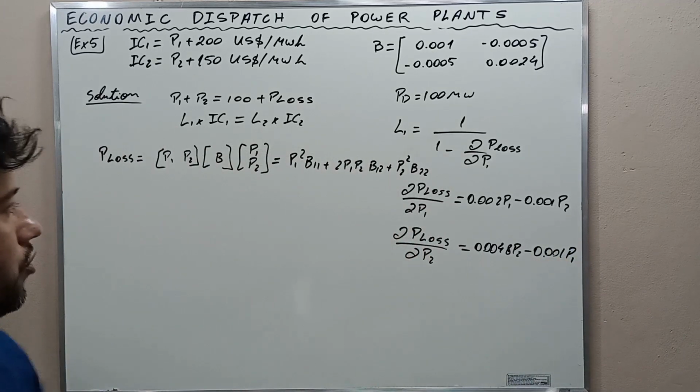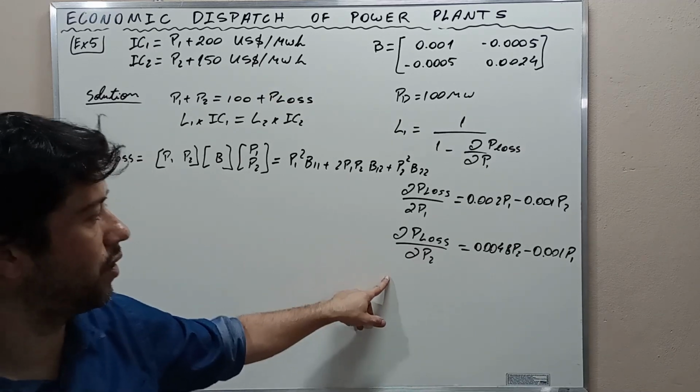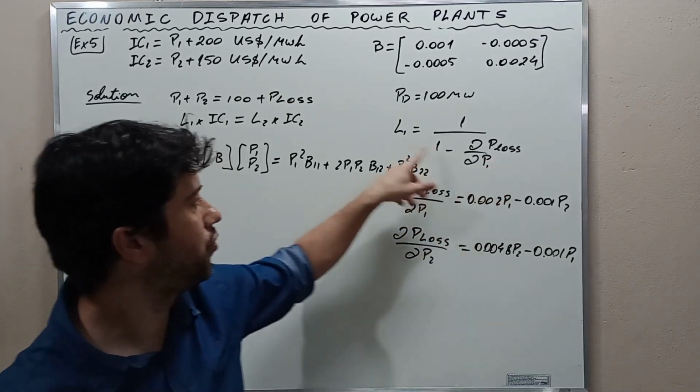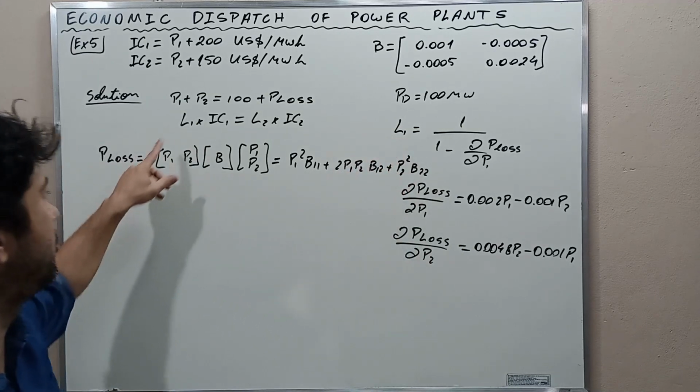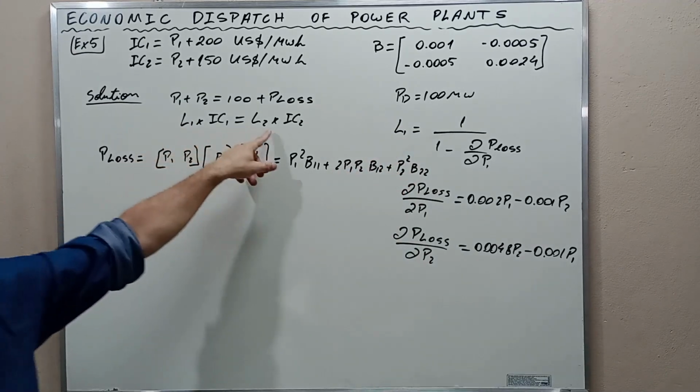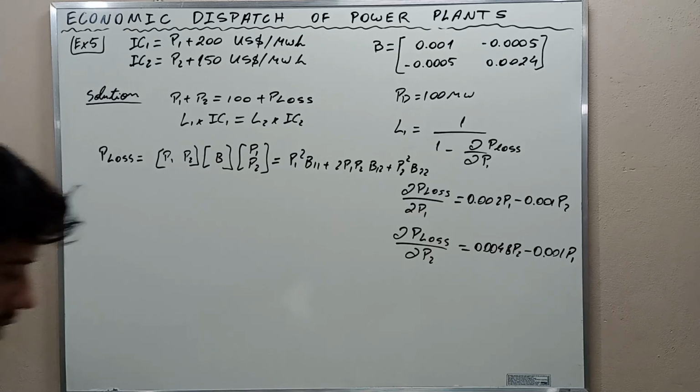We are going to use these expressions here to find the penalty factors associated with power plant 1 and power plant 2.